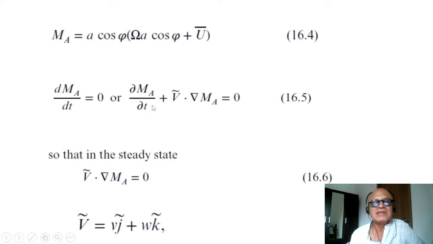Expanding that, dM_a/dt plus v tilde dot grad M_a equals 0. So for steady state we can drop the first term, and then we see that the meridional circulation has to be normal to the gradient of angular momentum.